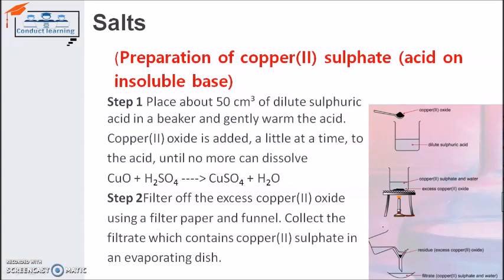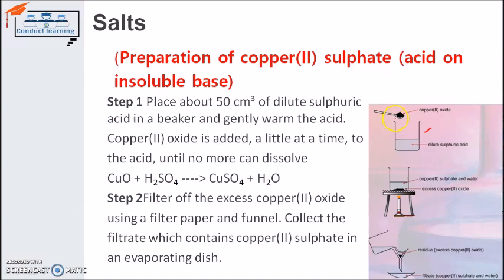In the same way, if you want to prepare copper sulfate, first of all you take sulfuric acid, or diluted sulfuric acid, in a beaker. Here we take dilute sulfuric acid in a beaker, up to 50 centimeter cube. This is the volume of that diluted sulfuric acid. Then we add copper oxide into that.